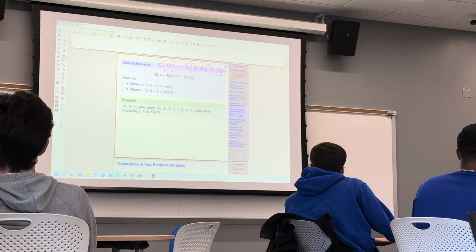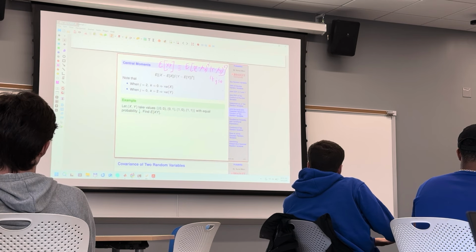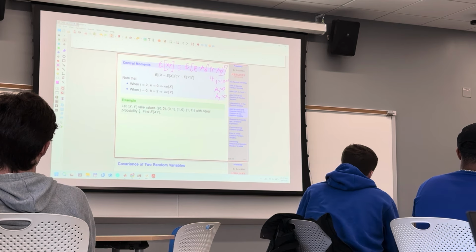So here, you find the correlation from the central moment if j equals 1, k equals 1, mu x equals 0, mu y equals 0.